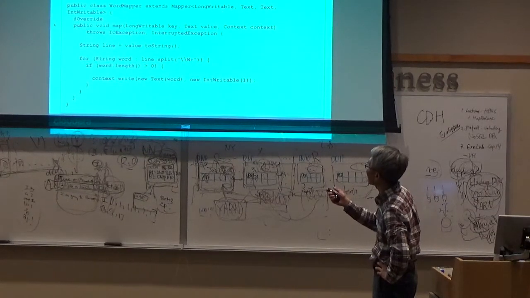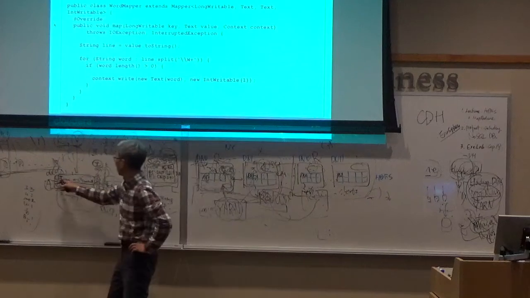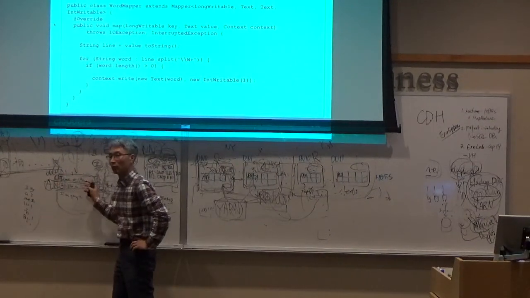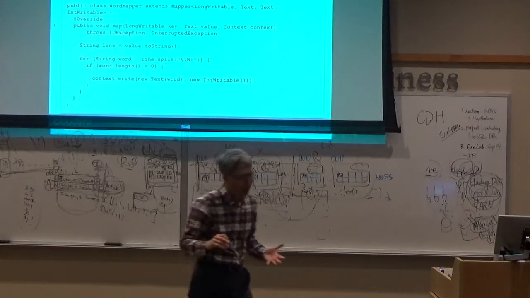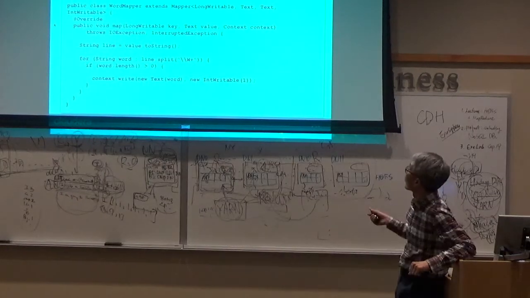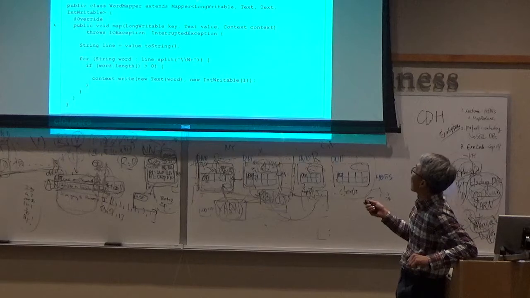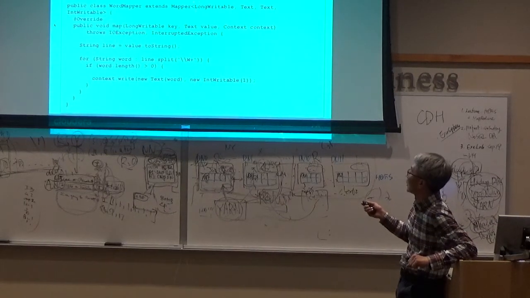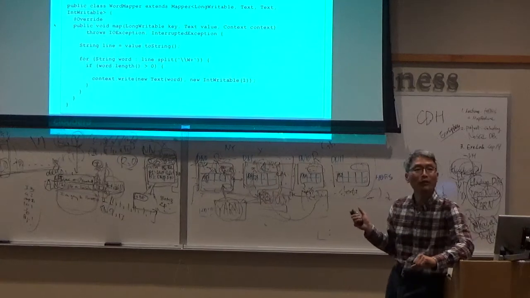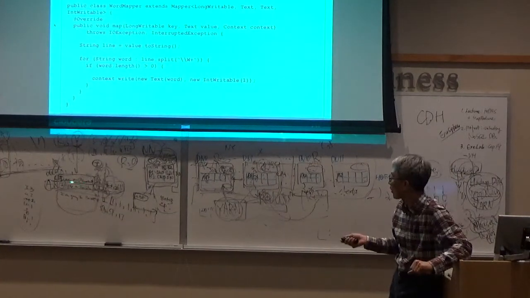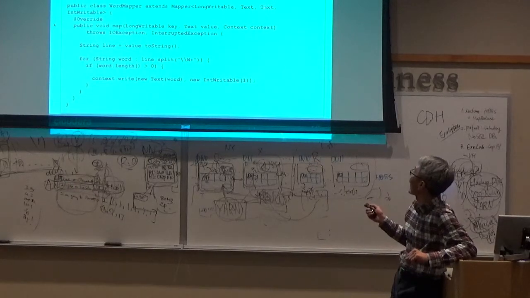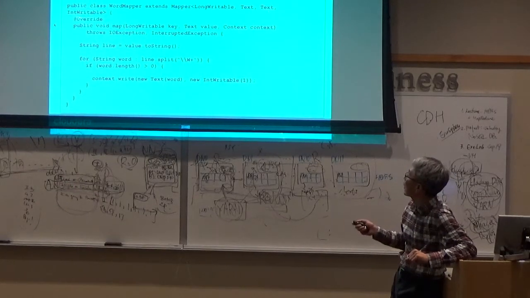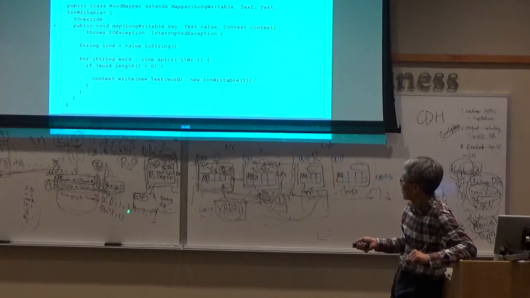The LongWritable is the offset, because we are going to use the offset as the key, and the final output is the word and the integer value.